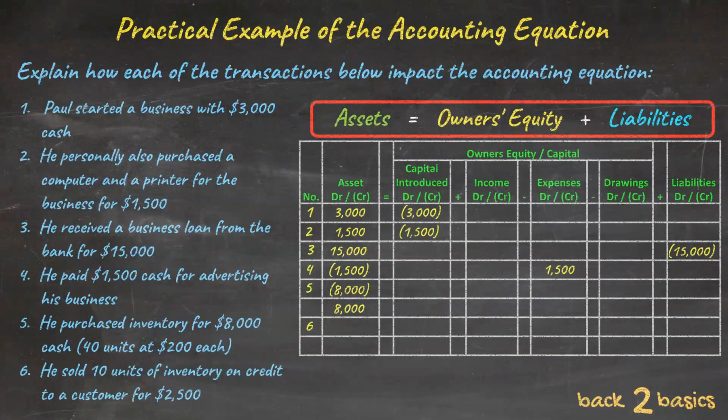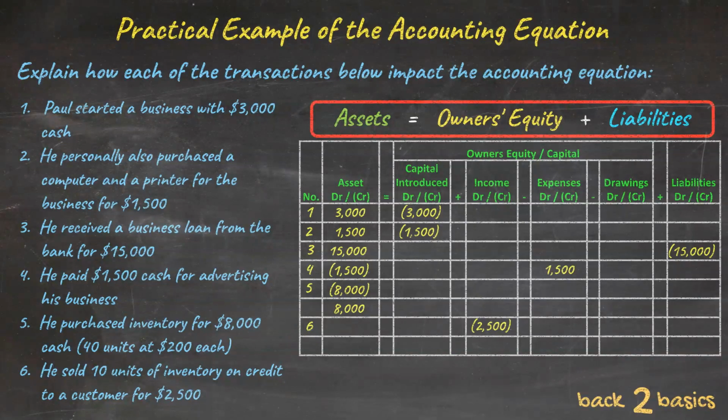So let's focus on the first part, the sale that took place on credit to the customer for $2,500. We know that sales is income to the business. Income is part of owner's equity. So we increase income with a credit value of $2,500.